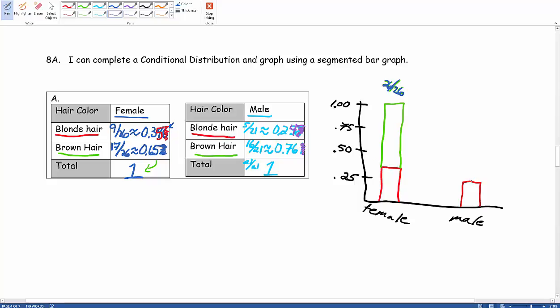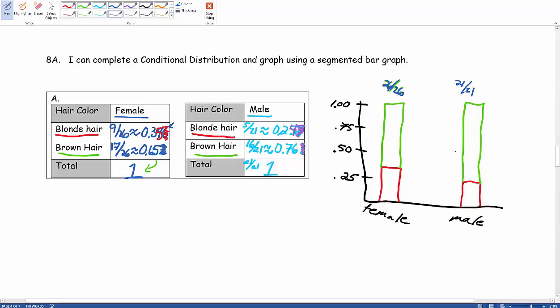Now for the males, there is a 76% chance that you would randomly pull a brown-haired male. But the reason why we go all the way up to 100% is that when we're just looking at the males, there are 21 males out of 21, which gives us all of the males, whether it be a blonde-haired male or a brown-haired male.